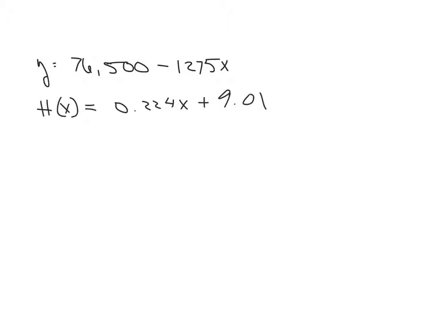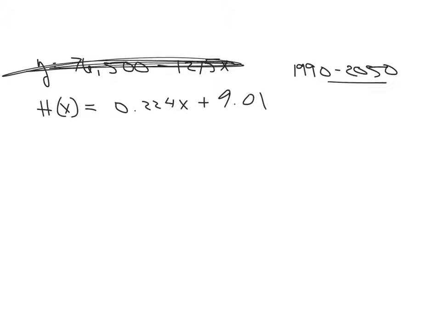All right, so there's the equation we're dealing with. Let's get rid of that one. With x equal to the number of years after 1990. So we're looking at 1990 to 2050, a 60-year span. The year 2050 would have an x value of 60, because it's 60 years after 1990.